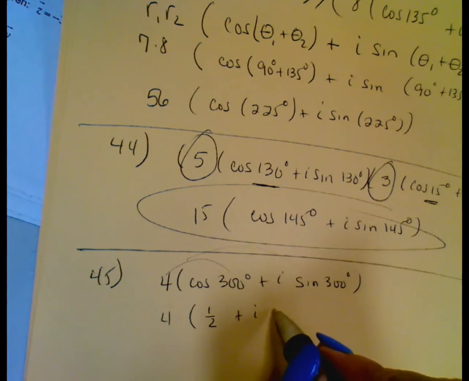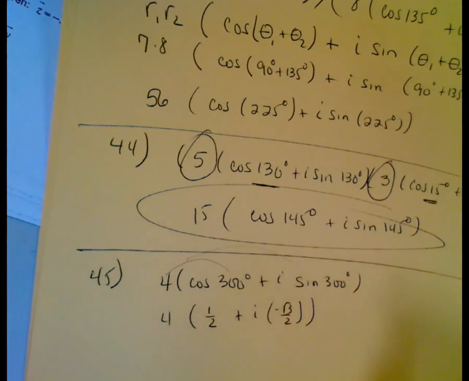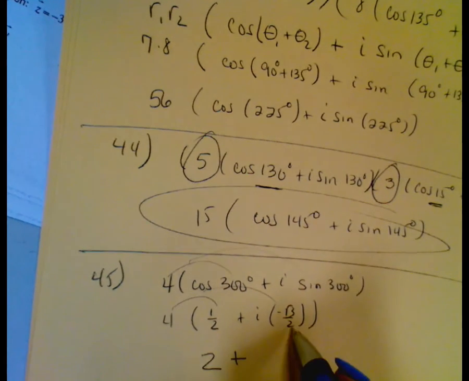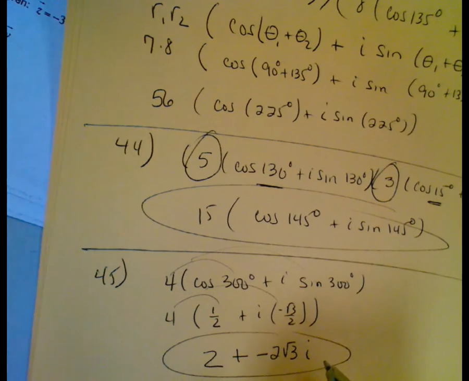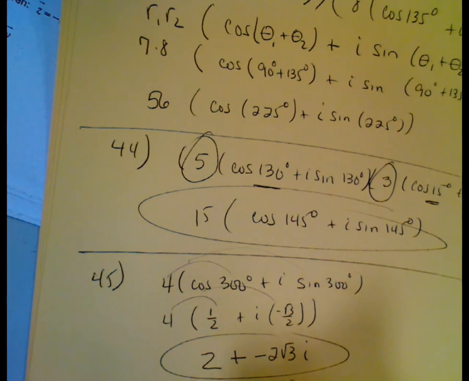And sine of 300 is negative radical 3 over 2. So if you distribute this, that would be 2, plus the 2 cancels with the 4. That becomes negative 2 radical 3 i. Or just 2 minus 2 radical 3 i is probably better.